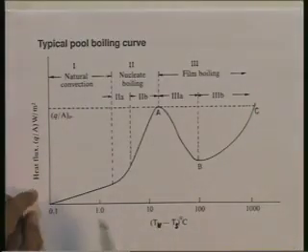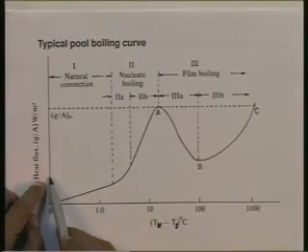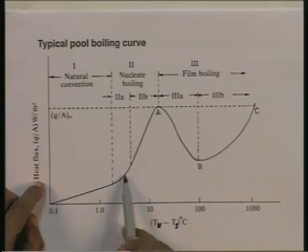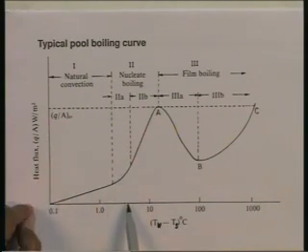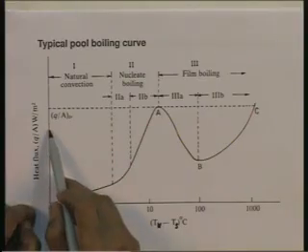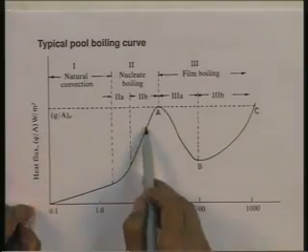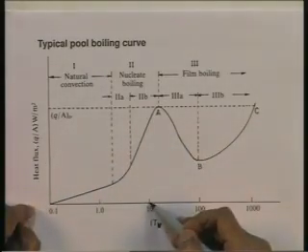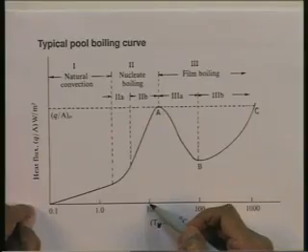Then what will happen? Let us say I give this heat flux. At this heat flux, if I go horizontally and come down, I will get this value of T w minus T s. I go up in heat flux. So, let us say I go to a value here. Then if I go horizontally, go down vertically, I will get a value of T w minus T s, say about 10.